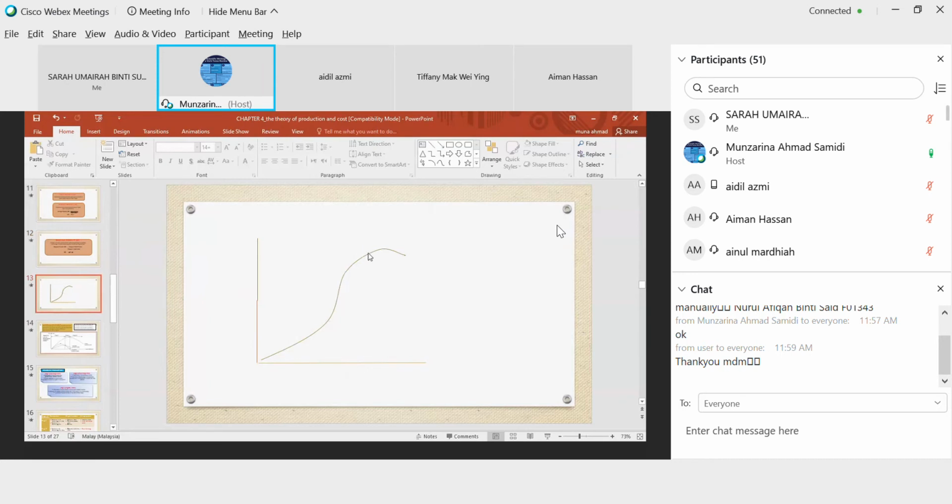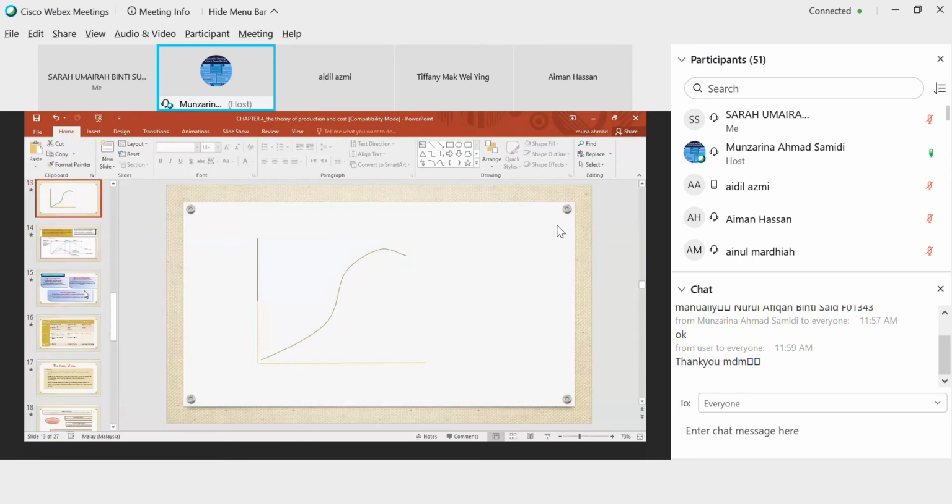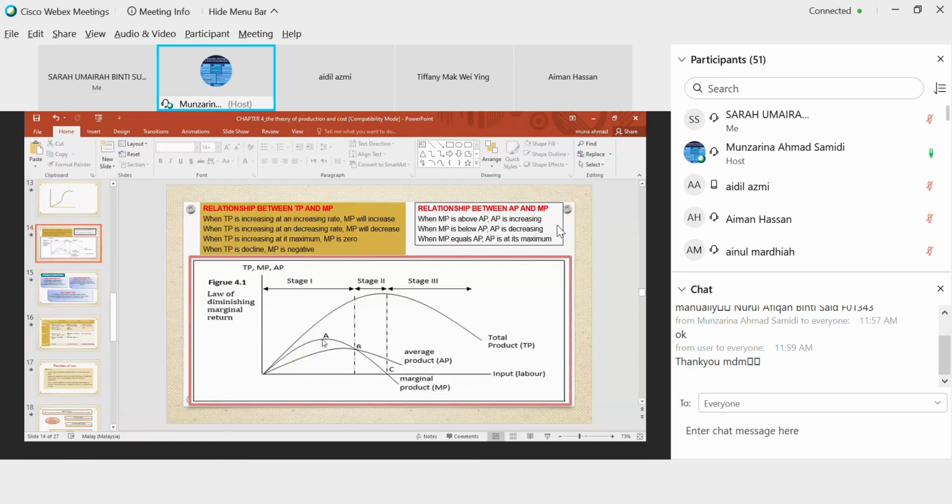The slope of the total product starts to decline. So along this decreasing slope of the total product curve, marginal product starts falling.